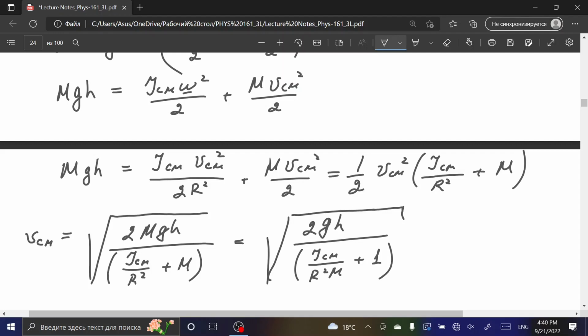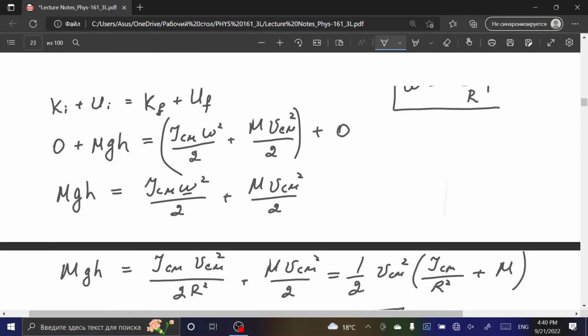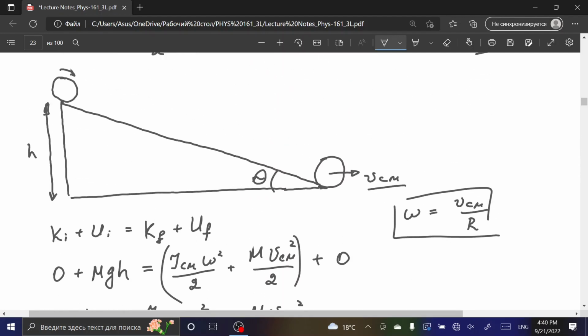Now, if you imagine that instead of this rigid object which can roll down over this inclined plane, we have some block which can slide down through this inclined plane surface without any friction.